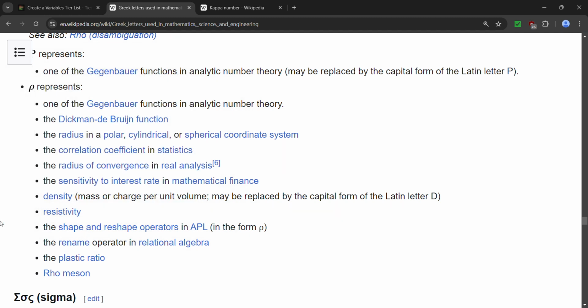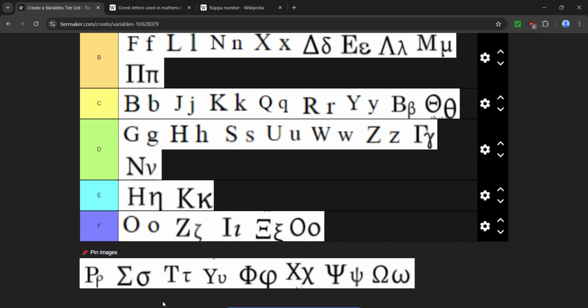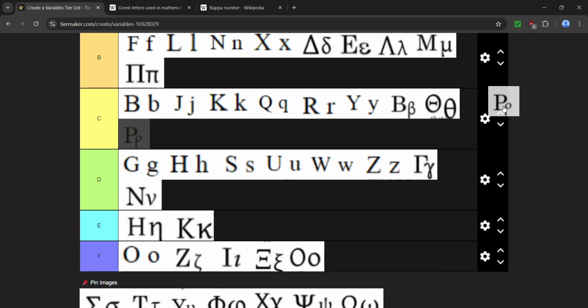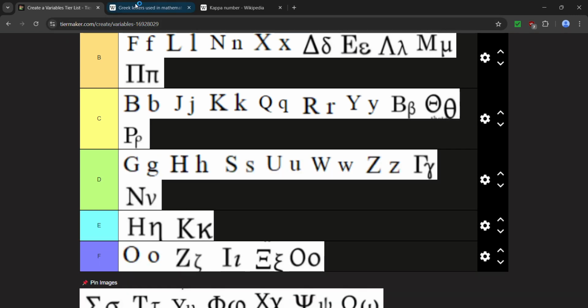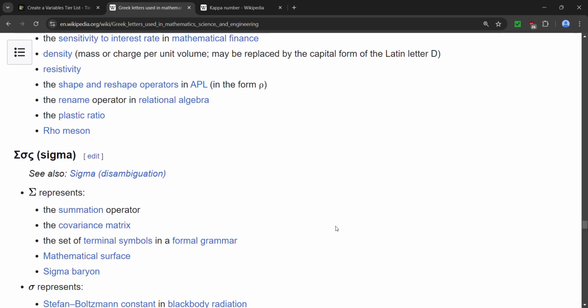Resistivity is kind of important, and I'm not really seeing much else. I could have sworn there was another big application of rho where I've used it, but I can't really think of much. So I'm gonna have to put this in C tier or maybe D tier. No, I'll put it in C tier. Okay, low C tier.